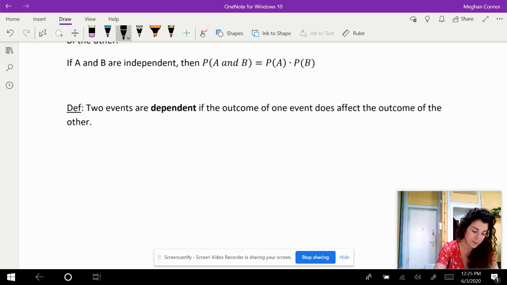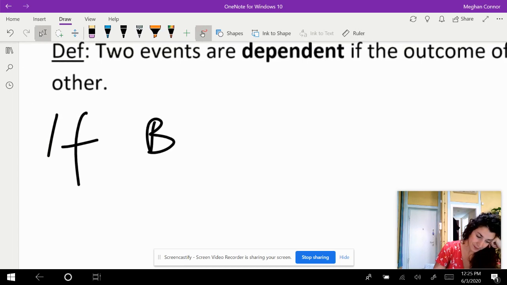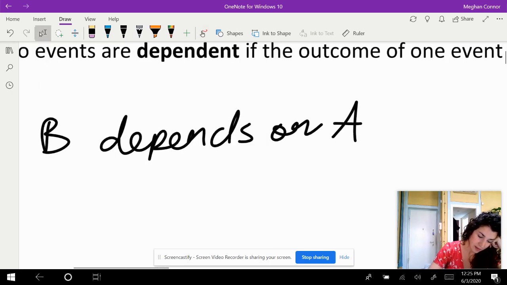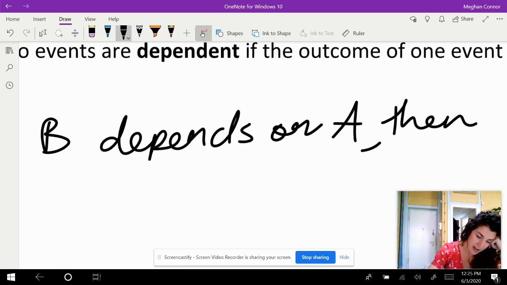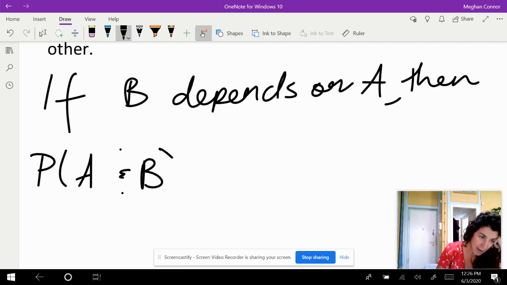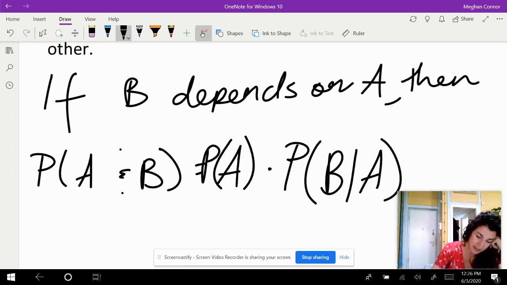So we would say if B depends on A, then the probability of A and B happening is equal to the probability of A happening times the probability of B given A.